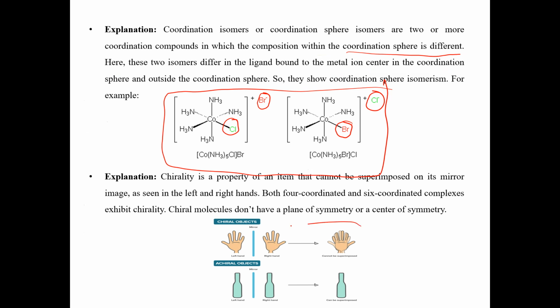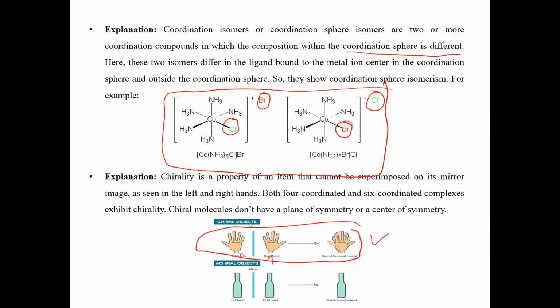For example, if you take your left and right hand and put your left hand on the right one, you will get a non-superimposable mirror image. The left hand and the right hand are mirror images of each other, but if you put one on the other, they will not be superimposed.